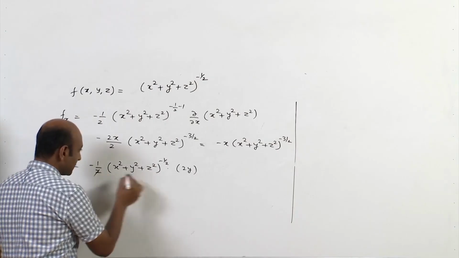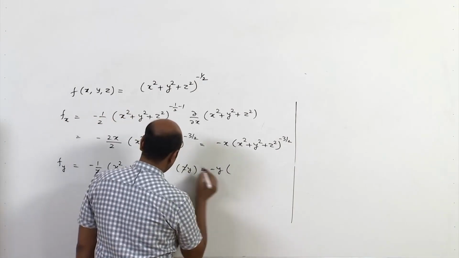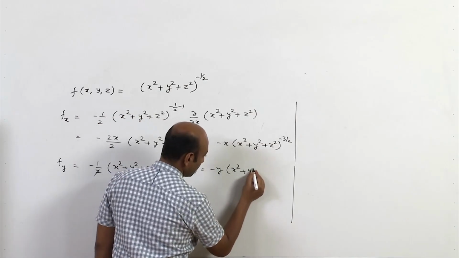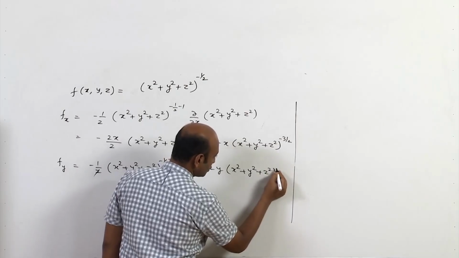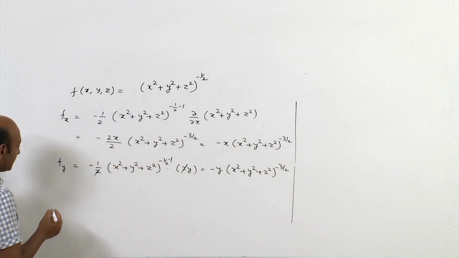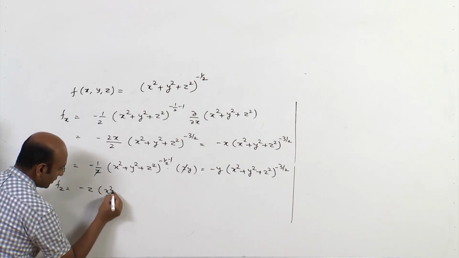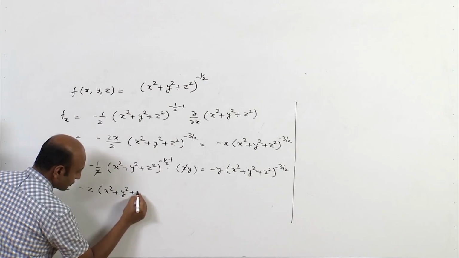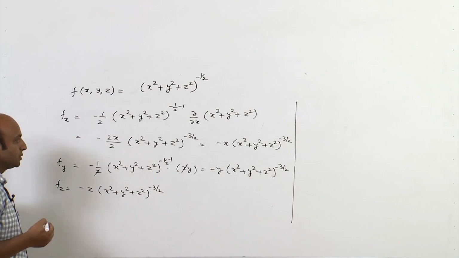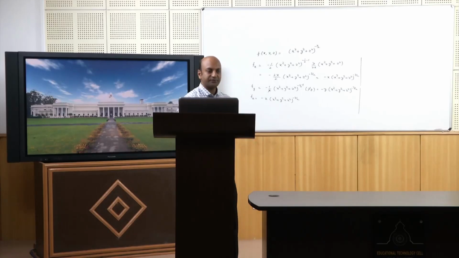So, 2 cancels out, and it is minus y into x square plus y square plus z square whole raised to power minus 3 by 2. Okay. And similarly, fz will be minus z into x square plus y square plus z square whole raised to power minus 3 by 2. So, this is how we can compute fx, fy, or fz.